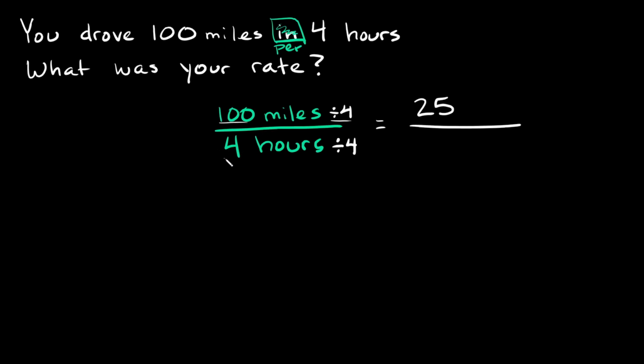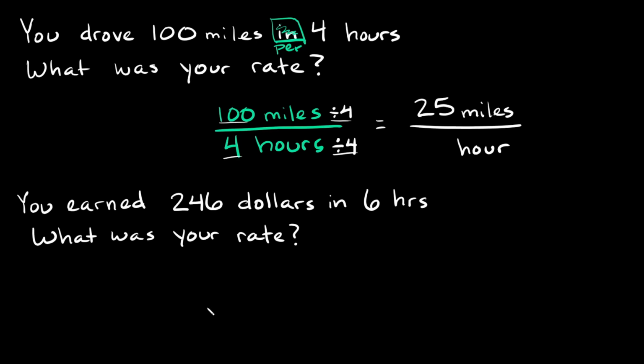Okay, and then what's 4 divided by 4? That's just 1. And then remember, your units stay the same. So we have miles on top, and hours on the bottom. Okay, and if you remember, whenever you have a 1 in the denominator, you can just get rid of it, right? Okay, so then your final rate right here would be 25 miles per hour.